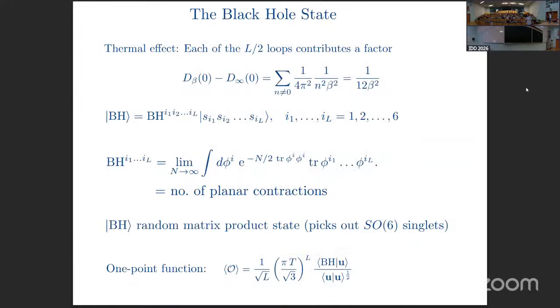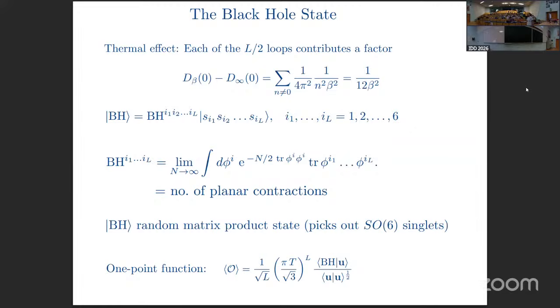So here is the value of one of those loops, which enter my Feynman diagram, where I have subtracted the zero temperature contribution. Then it's a sum over all modes, except for this zero temperature mode. And that sum is actually finite and can be carried out, and it gives you just 1/12 over beta squared.